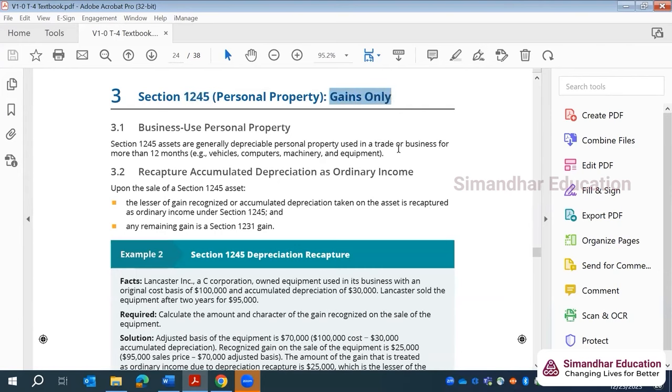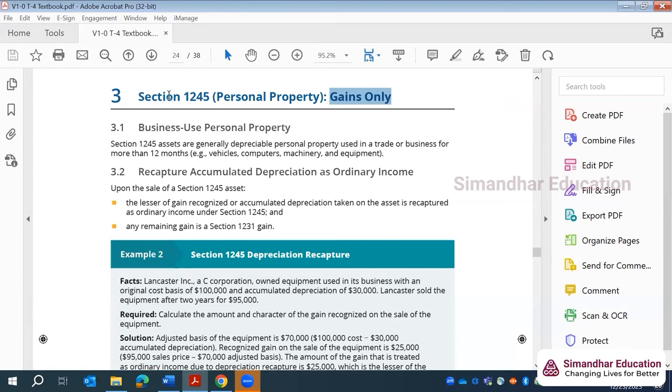Okay. Now, in the car example that we have, we purchased the car for $10,000. We took a depreciation of $5,000. Our adjusted basis is $5,000. And now we sell the car for $3,000. So what is my gain or loss in this transaction? My adjusted basis is $5,000 and I'm selling it for $3,000. So here I have a loss of $2,000.